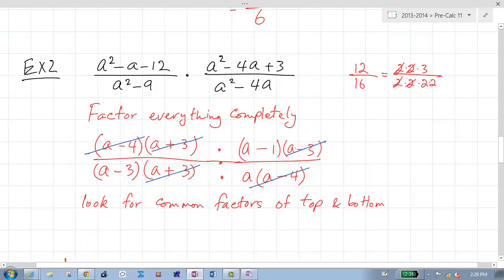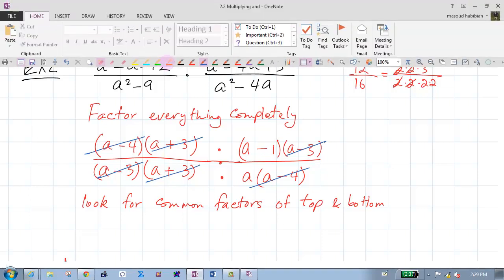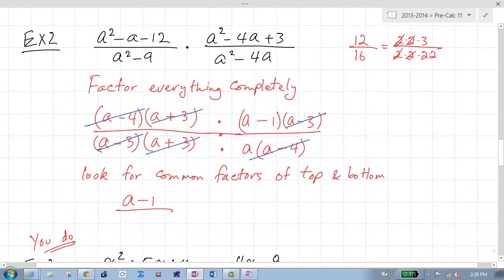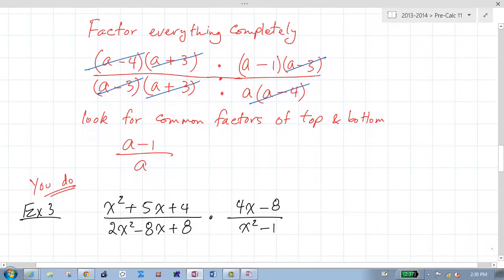And a minus 3 is common, and I'm going to cancel them out. So I'm going to rewrite this in the simplified form. What's left over in the numerator is a minus 1, and what's left over in the denominator is a. So this is the most simplified form of the multiplication of these two rational expressions.